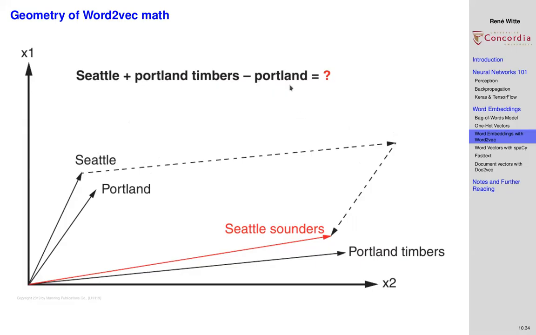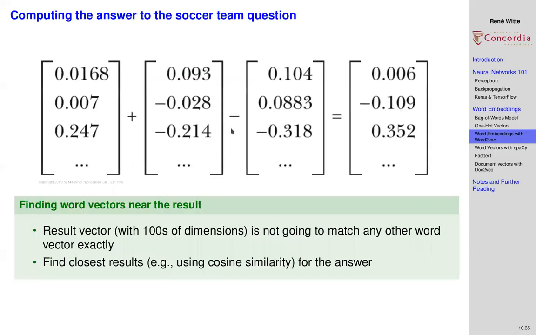But now we want to know what the corresponding example is from Seattle. So we subtract the vector for Portland. That's the vector here. We subtract it, we get to a point in space here. And in this point in the vector space, we are going to find the Seattle Sounders sports team. In reality, this wouldn't just be in 2 dimensions. We would do this on these word vectors, which typically have 100, 200, 300 dimensions, but it's the same calculation.